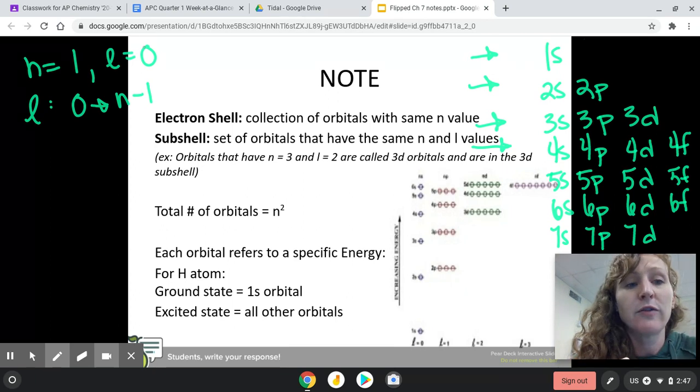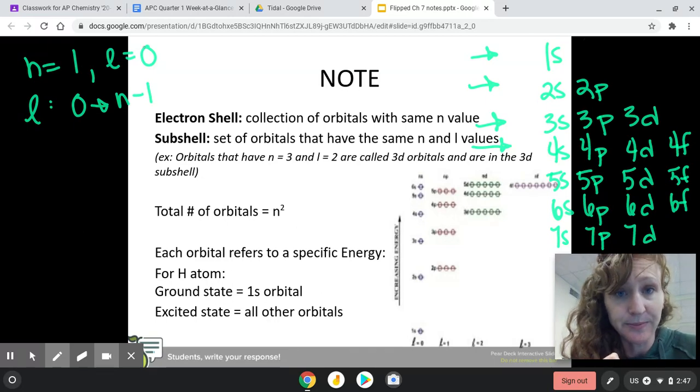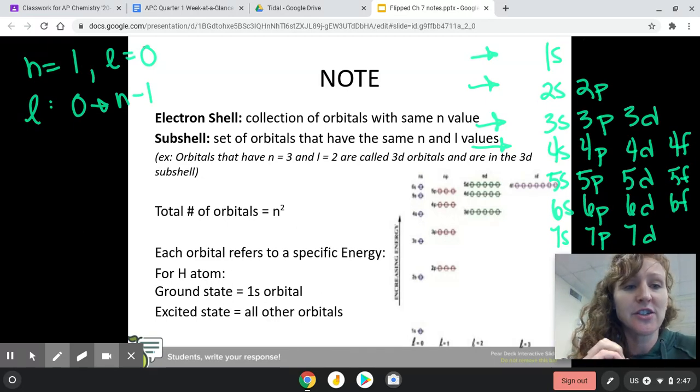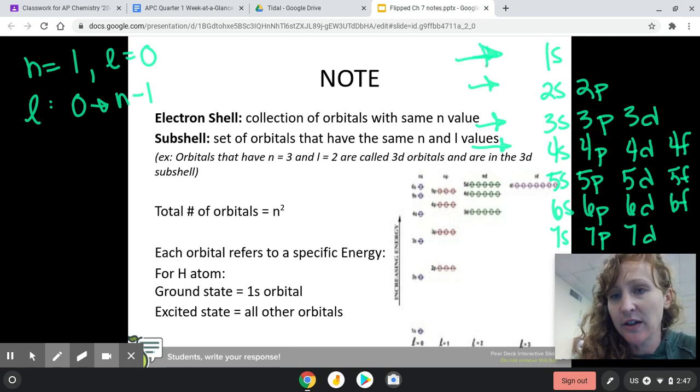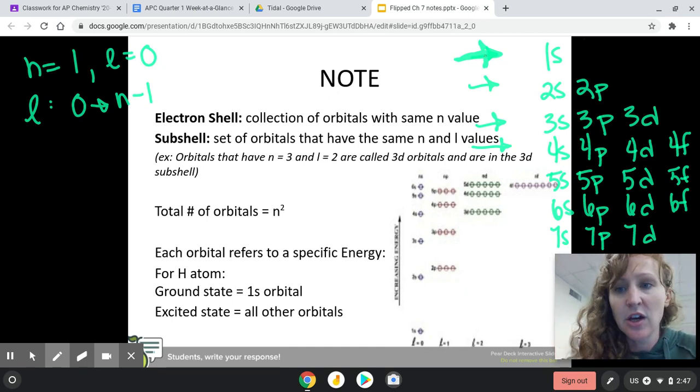So in the first energy level, only one shape exists, and it is the S shape. And the S shape is a sphere. So notice over here in the first energy level, I only have one shape or one subshell listed, whereas in the second energy level, I have both allowable shapes listed.